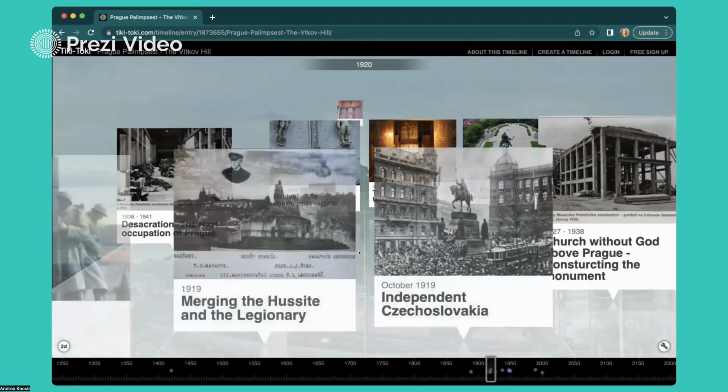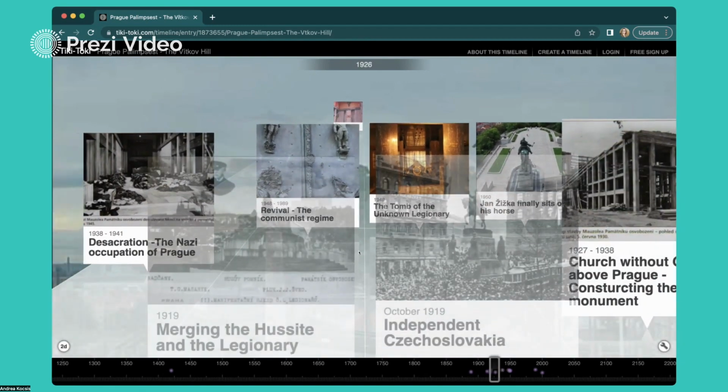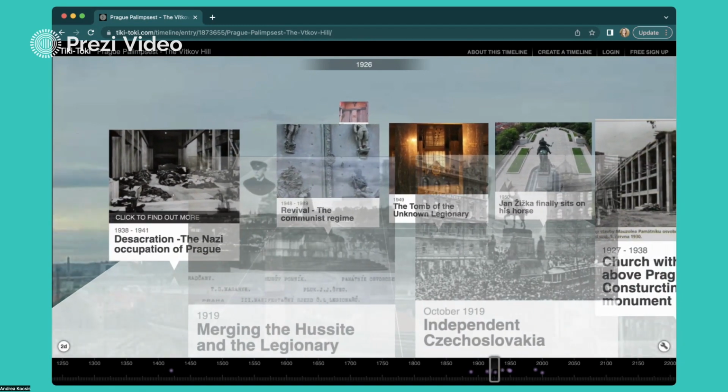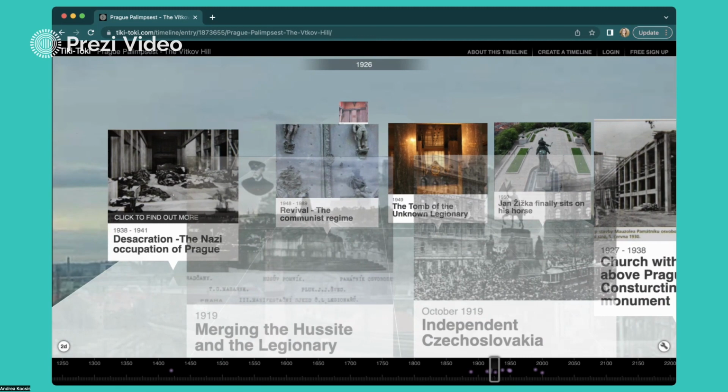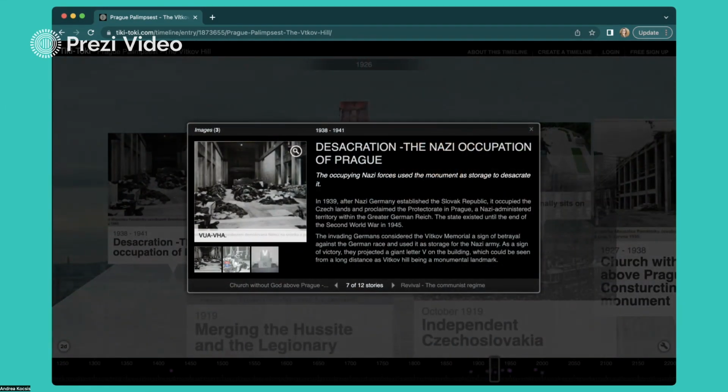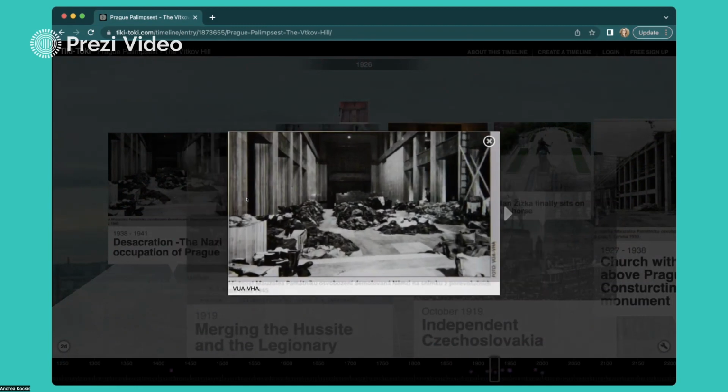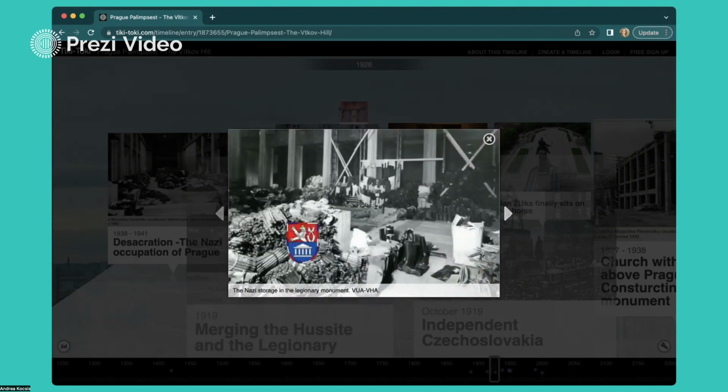But this is the end of the glorious period of the Vítkov Hill, because the stormy Czech history entered the history of the hill as well. After the Nazi occupation of Prague, it was used as a Wehrmacht storage place to desecrate the memory of the Hussite legionary pantheon.